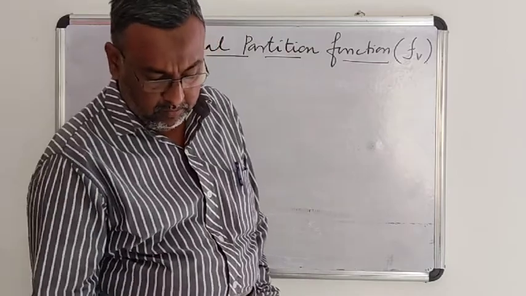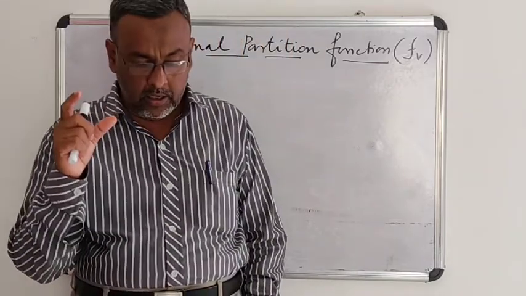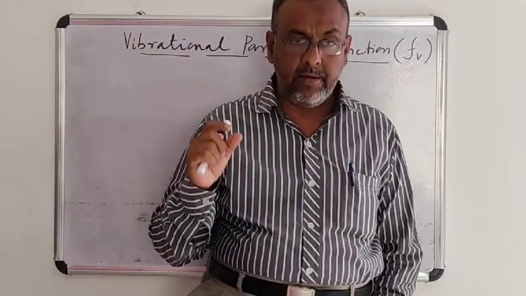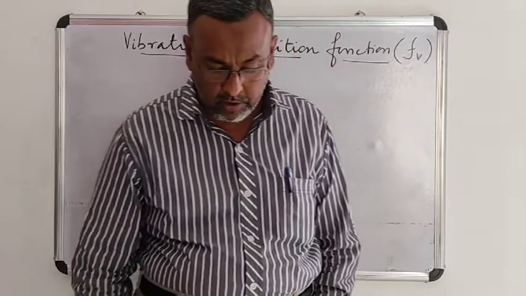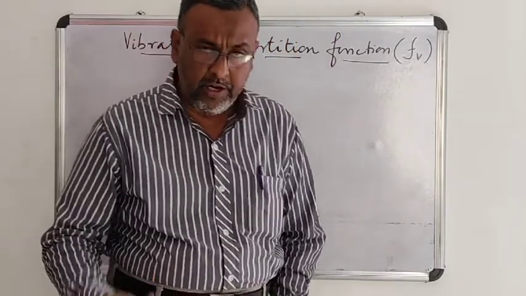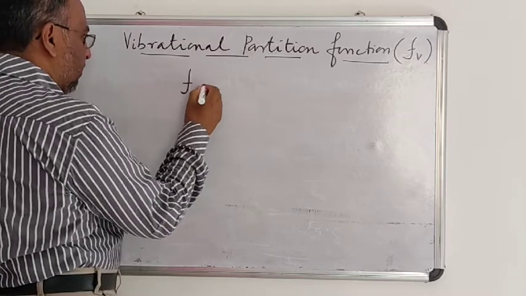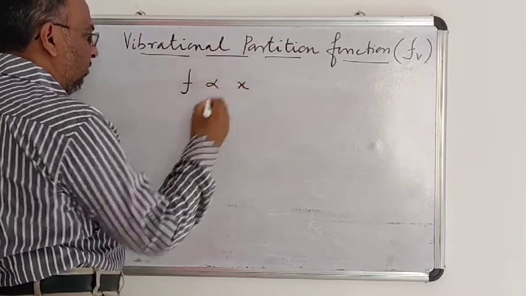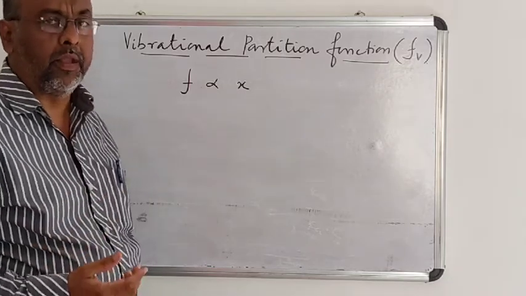This is the simple model of a vibrating molecule. A harmonic oscillator can be taken as a model of vibration of a diatomic molecule. In harmonic motion, usually the restoring force is directly proportional to displacement. You might have studied Hooke's law.